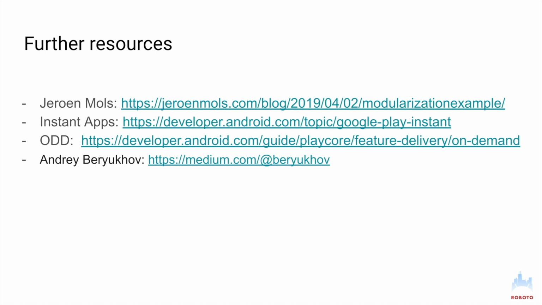Last but not least, Andrei Beryukov has been writing a nice series of articles on how to modularize apps in 2021, proposing a few architectures. He has some open source code that you can check. We think you should check it out if you are interested in learning how to do proper modularization on Android.